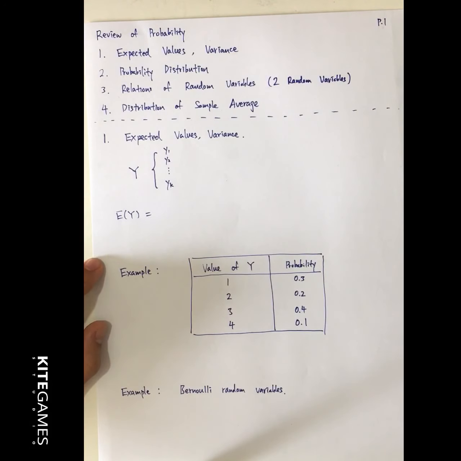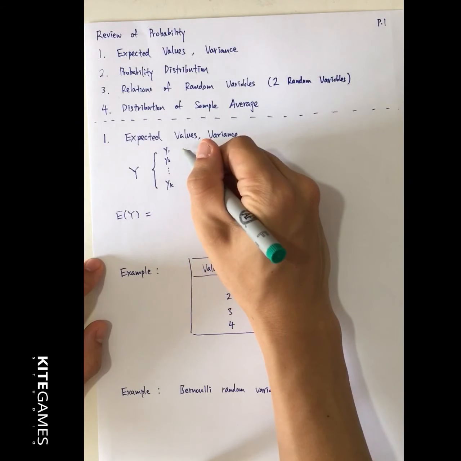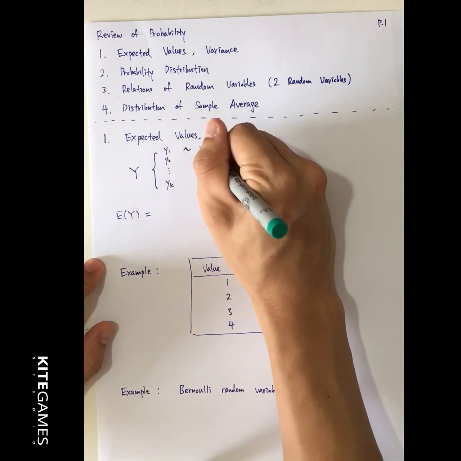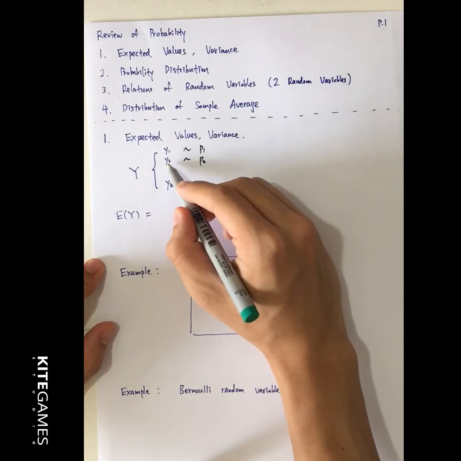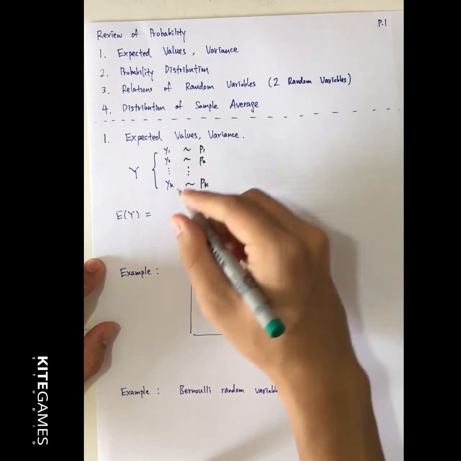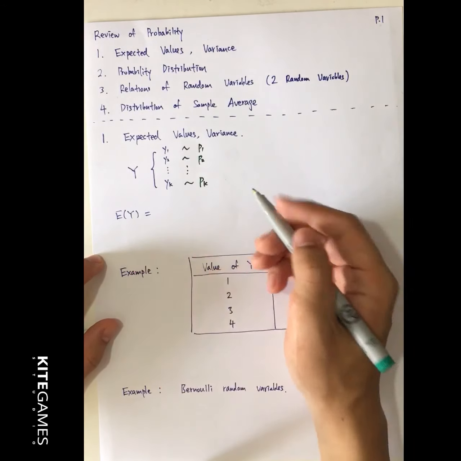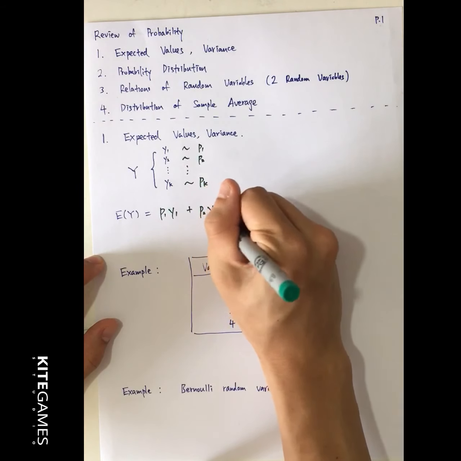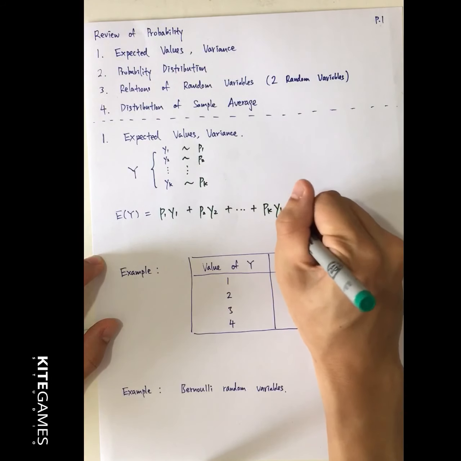Then you need to find the probability corresponding to each y. Say the value of y can be equal to y1 with probability p1, y2 with probability p2, and at the end, yk with probability pk. So the expected value of y will be equal to p1 times y1 plus p2 times y2 plus ... up to pk times yk.